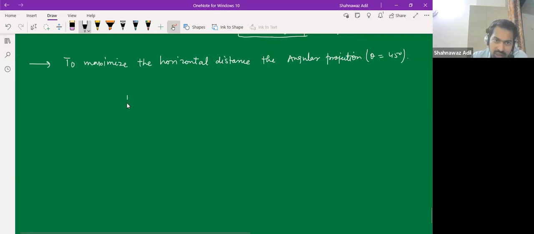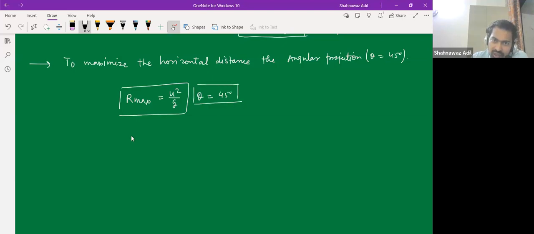Okay, so we have R max, which is u square by g, right? And we have theta, which is 45 degrees. So let us calculate h. H is u square sine square theta by 2g, right?